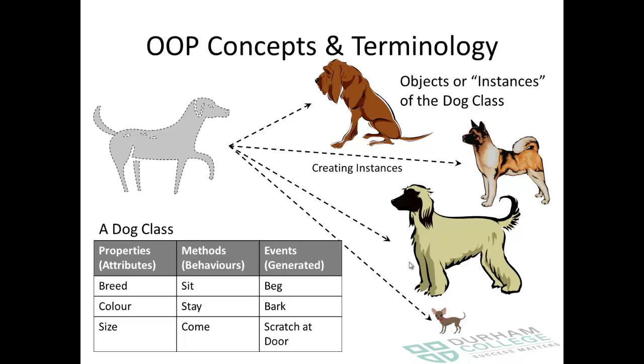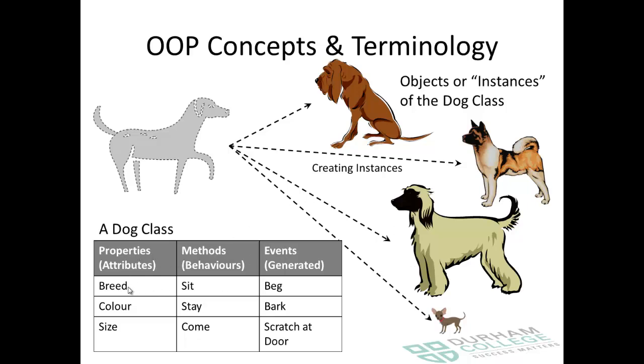In object-oriented terminology, the term encapsulation refers to the combination of the characteristics and behaviors of an item into a single class definition. So if we think about that, when we want to create a dog class, for instance, we want to encapsulate everything about that dog that is common to all instances of the dog class: the properties, methods, and events.